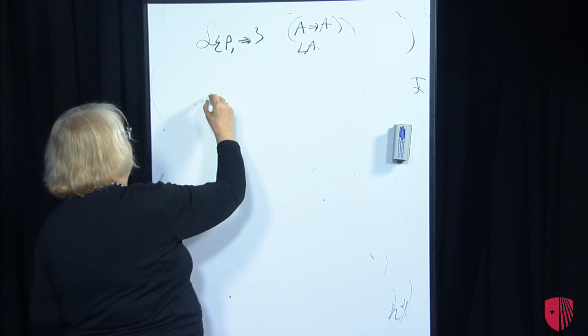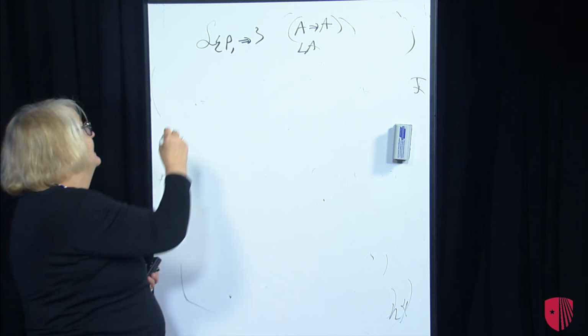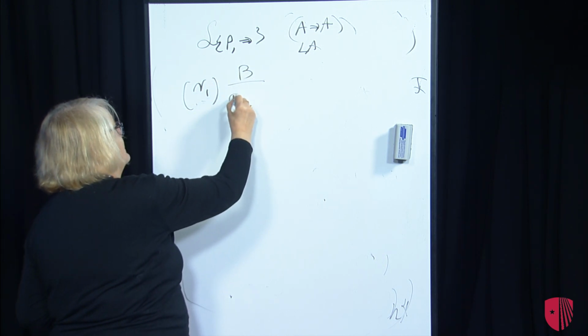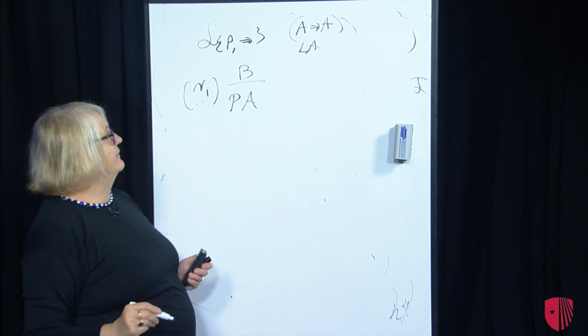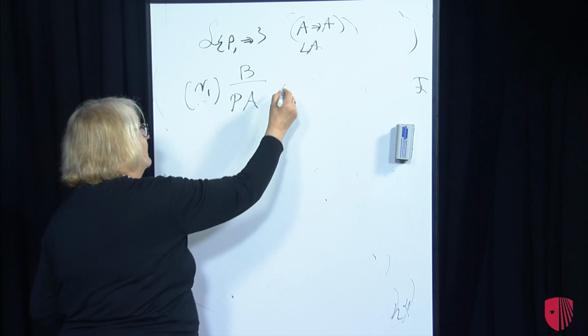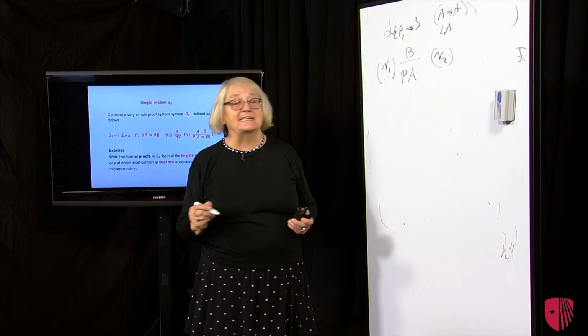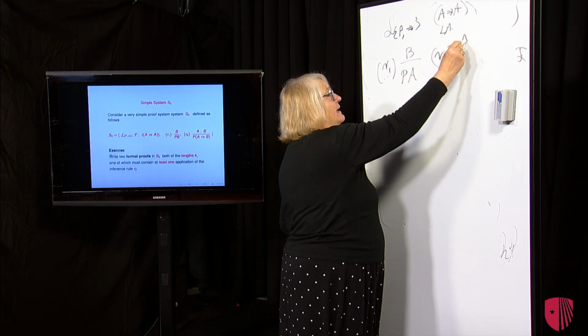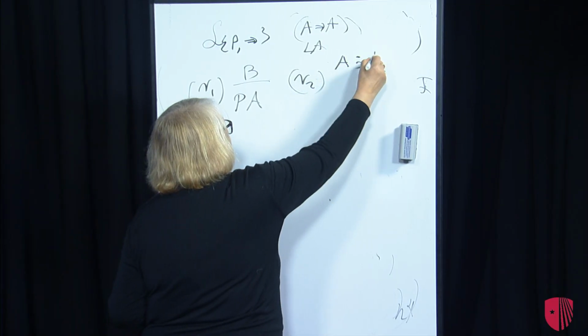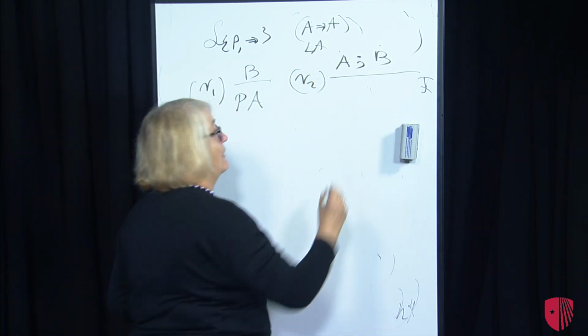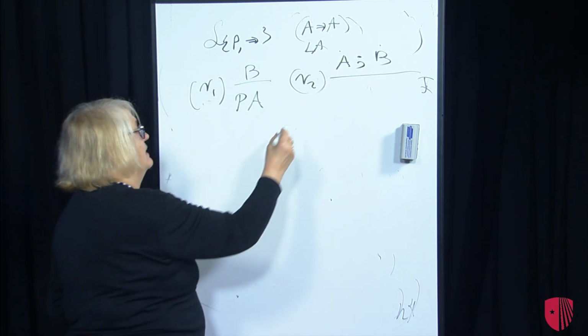And you have two rules of inference. One says that if I have B, as we had before, I can write PB, and the second one has two premises, which says if I have already A and B, I can write P, A implies B.